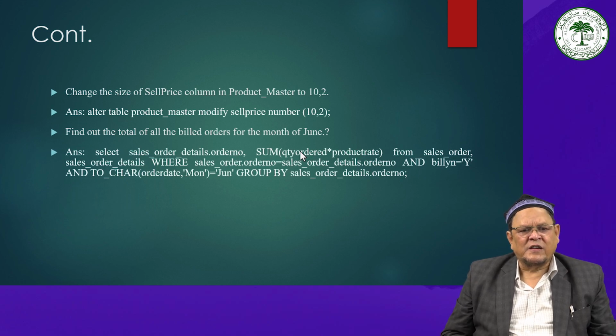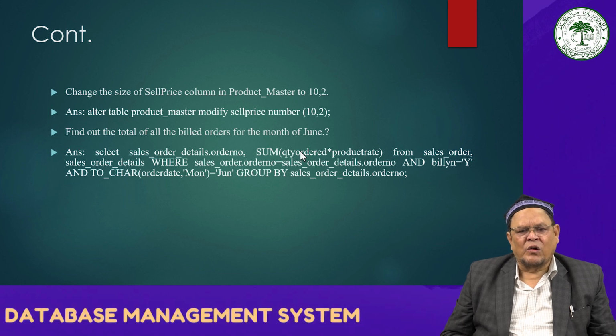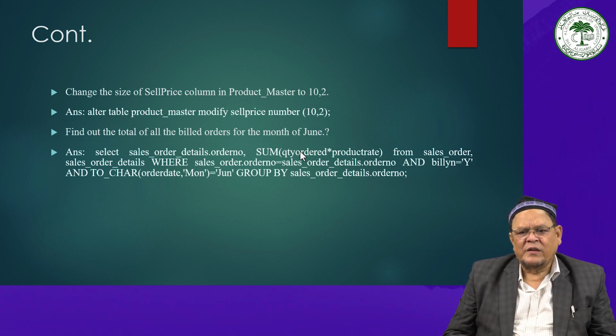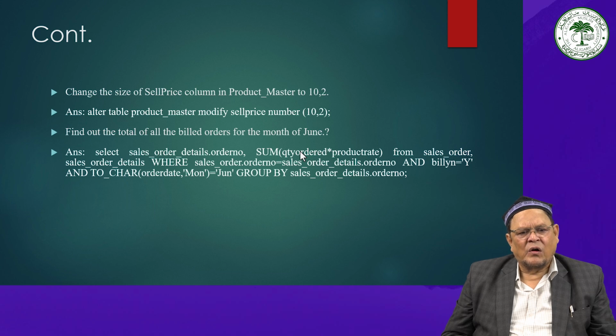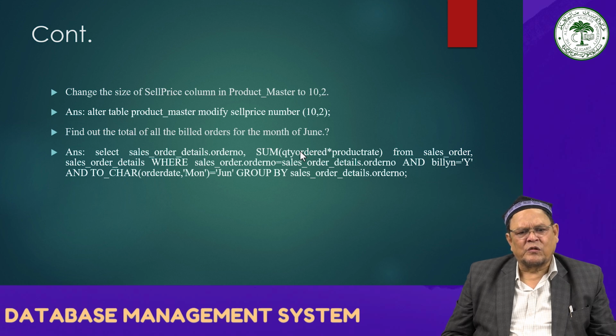You have to write select sales order detail.order number, sum of quantity ordered multiplied by the product rate, from sales order, sales order detail where sales_order.order number must be equal to sales order detail.order number, and bill yn is equal to 'Y' and to_char of order date with 'Mon' must be equal to 'JUN', group by sales order detail.order number.